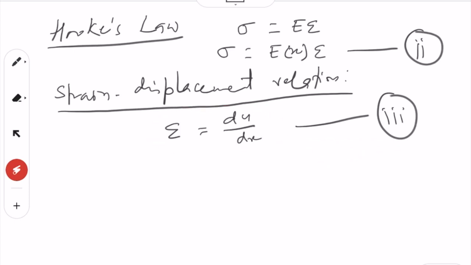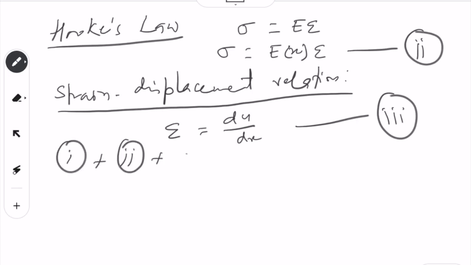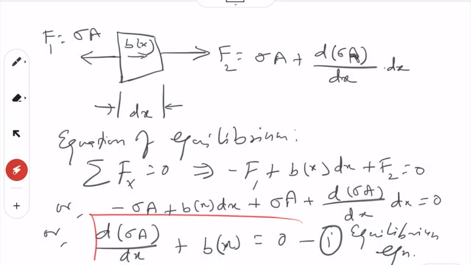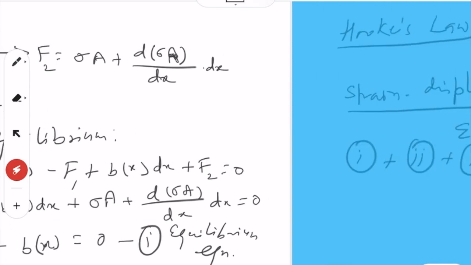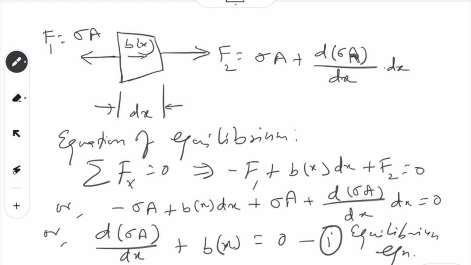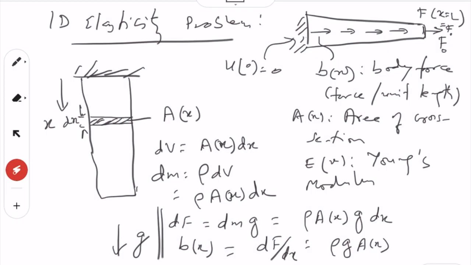Now we are going to combine 1, 2 and 3. So, 1 plus 2 plus 3 gives us this equation. We will write d over dx, and then in brackets sigma times A. A is a function of x, as we have written here. A is a function of x, E is also a function of x, and B is also a function of x.